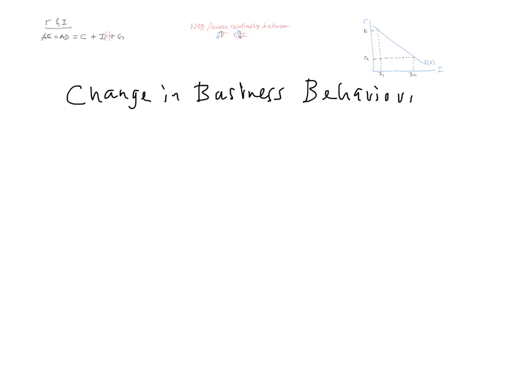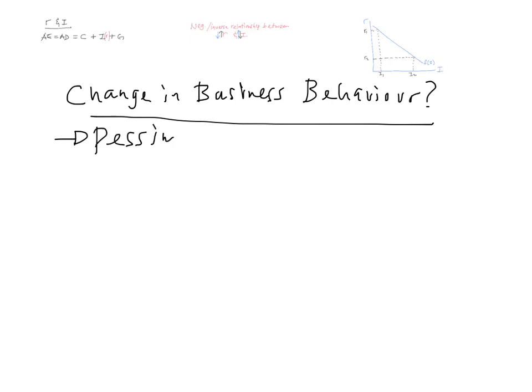Businesses are starting to think differently. What if businesses start to get pessimistic? This is when businesses think that the Australian economy is from this point onwards not going to do as well as it used to do.